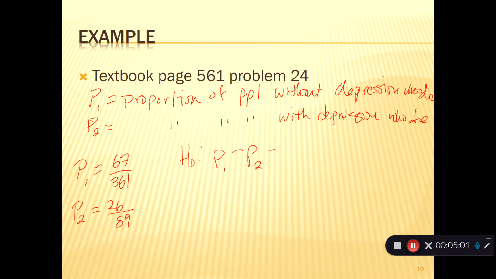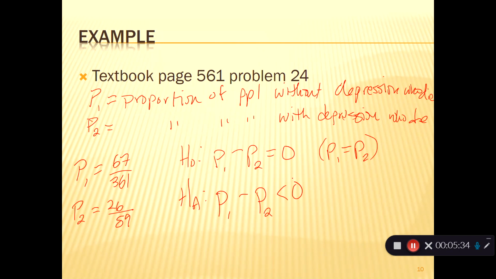So P1 minus P2 would be 0, or equivalently, I could have written P1 equals P2. But now the alternative hypothesis I want is that the proportion of people without depression minus the proportion of people with depression would be negative.